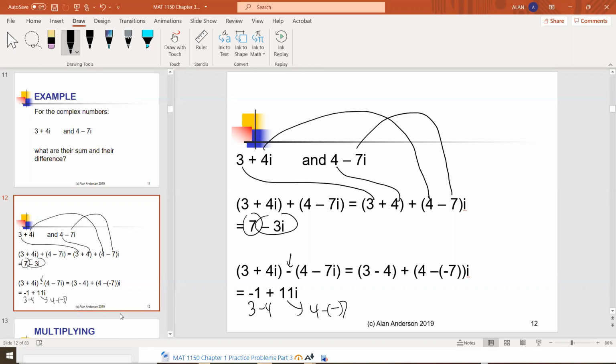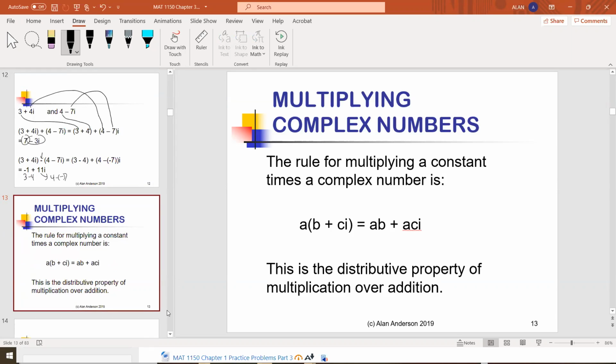All right, now, can we multiply and divide complex numbers? Yes, of course. We can use the distributive property that we know. So let's say this is our complex number. And of course, this is a real number.